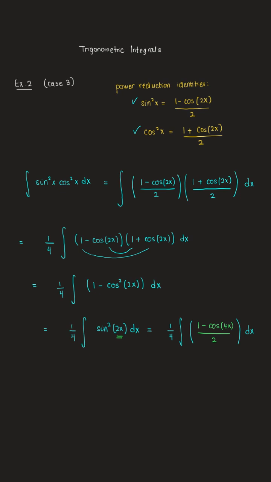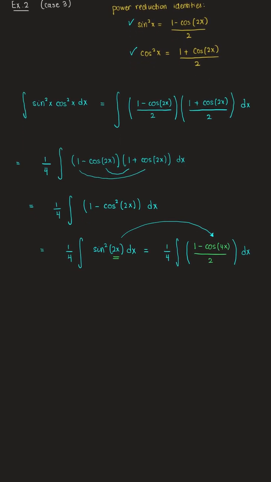Right? So from here to here, using the power reduction identity, the power gets reduced by 1, but the angle gets doubled. And once again, as we've done before, I'm going to factor out a 1/2. So on the outside of the integral, we're going to have a 4th times a 1/2, which is a 1/8.